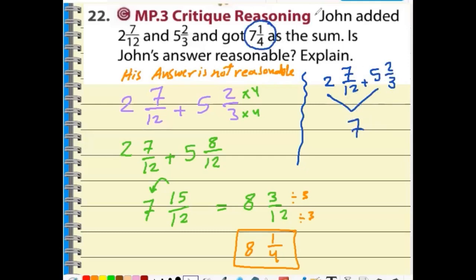So these two fractions should give you 1 over 4 to make his answer correct. But do you think this one and this one equal a quarter? This one is bigger than half, and this one is bigger than half. So it is going to give you 8, not 7 and a quarter. So his answer is not reasonable.